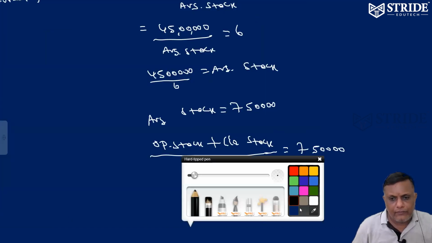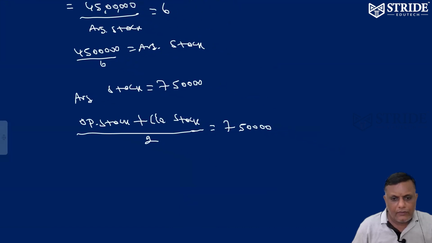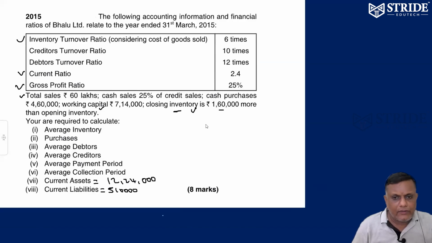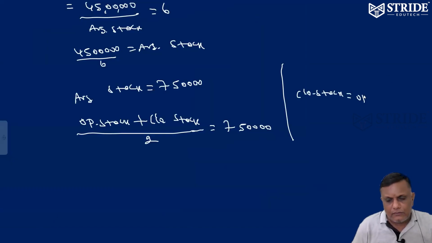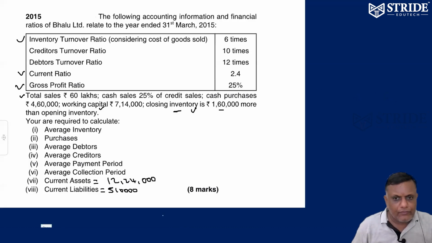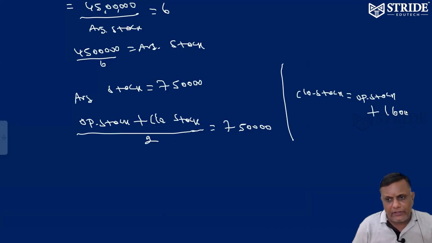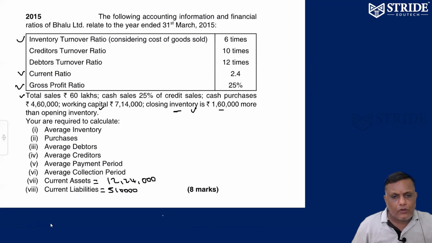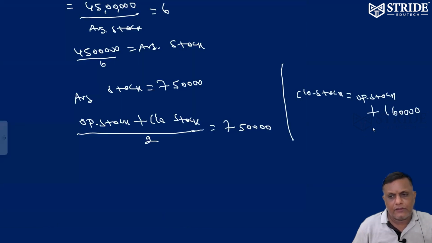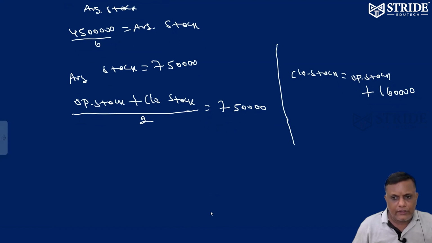So closing stock is equal to opening stock plus 1,60,000. That's a clue.